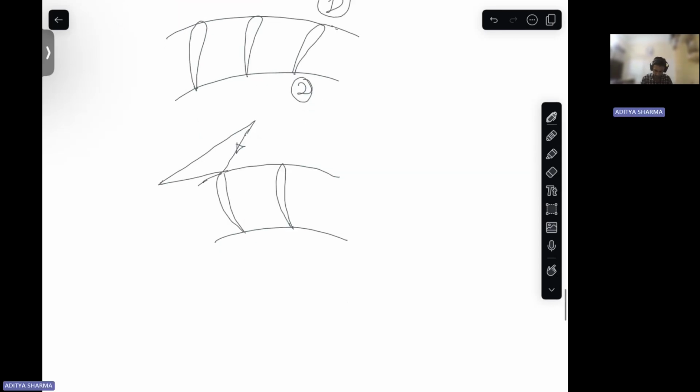Third is this section. So this is V2, this is C2, and this is U2. This is alpha 2. This is beta 2.